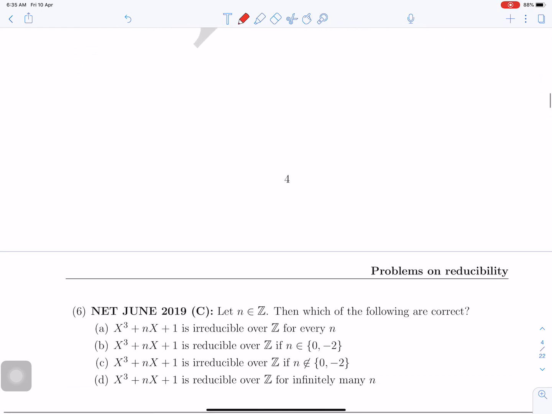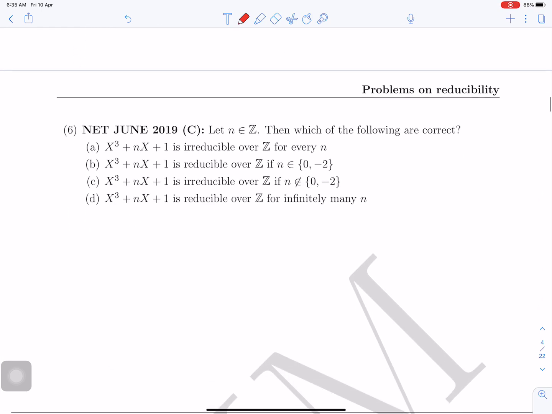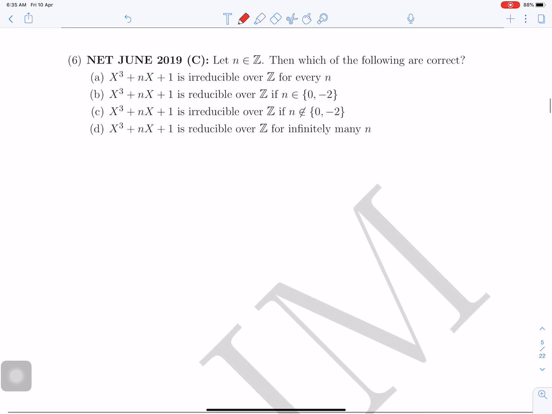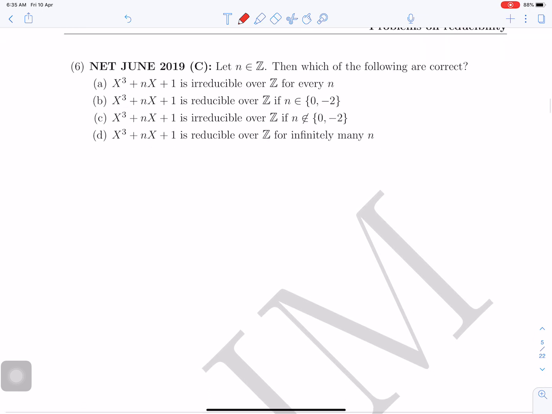Now problem number 6. Let n belong to Z, then which of the following are correct? So here we are given n is an integer, and they ask: option A, the polynomial x cube plus nx plus 1 is irreducible over Z for every n.